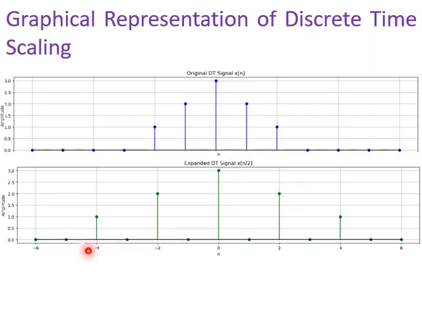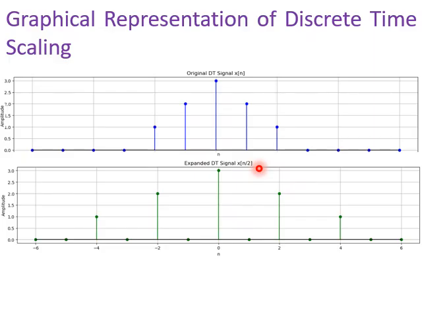So the resulting signal is expanded, and you can easily spot that the original signal exists from -2 up to +2, whereas the expanded signal exists from -4 up to +4. So hopefully it clearly gives you the idea that the original signal x of n is expanded, and in this case it's expanded by a factor of 2. So we write x of n by 2. This is the graphical representation for this signal.